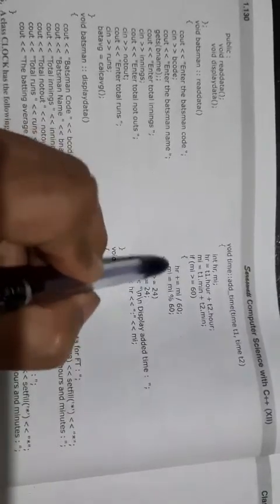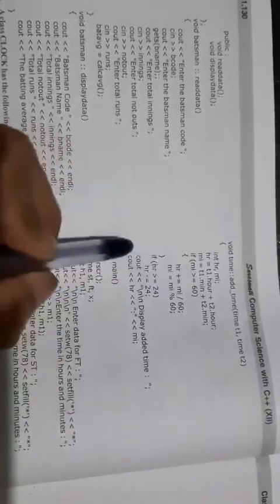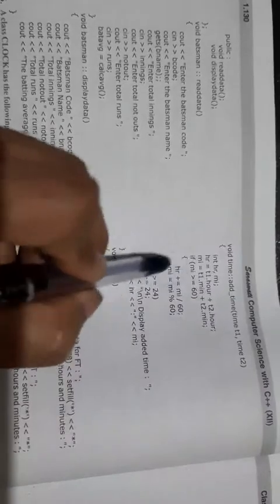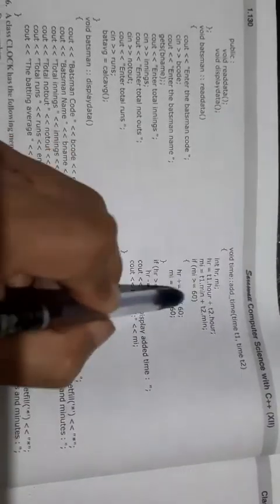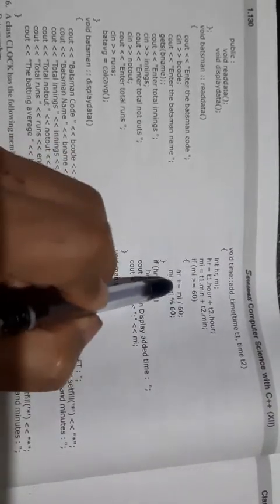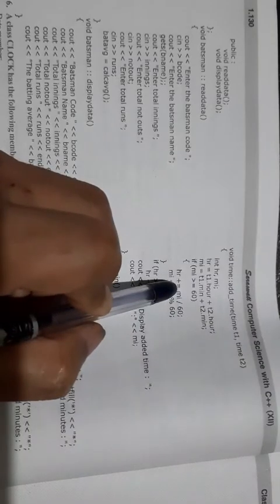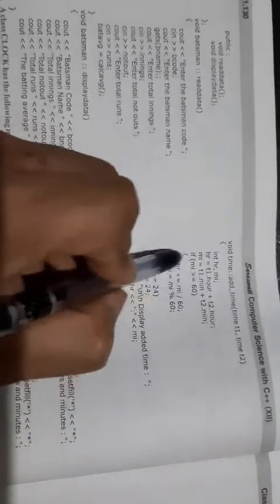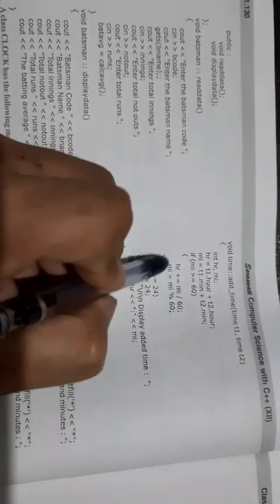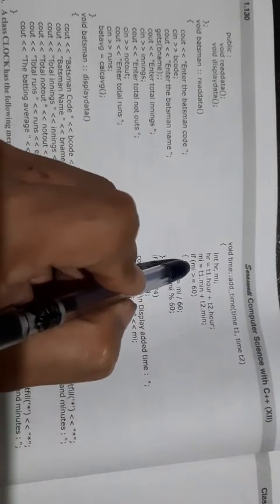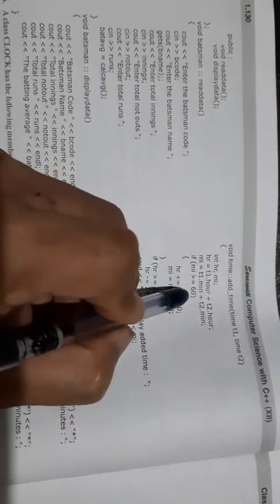Okay, and then after that, this if statement, the test condition will be evaluated. I've already told you this in the calculate time program, right? So just try to understand this program logic. If min is greater than or equal to 60, right?